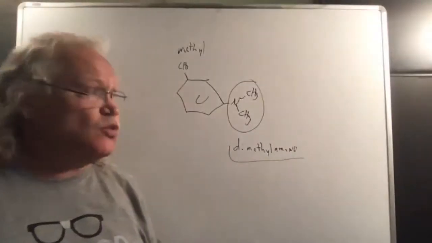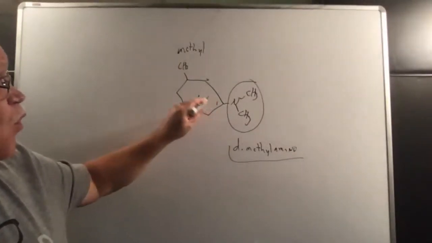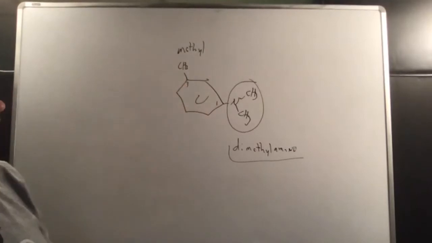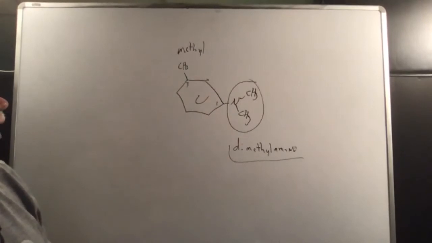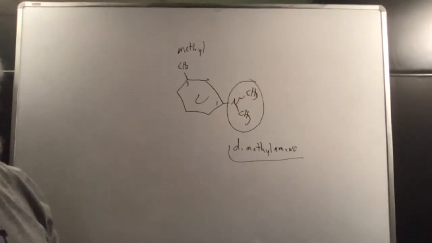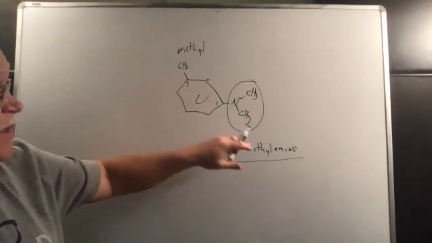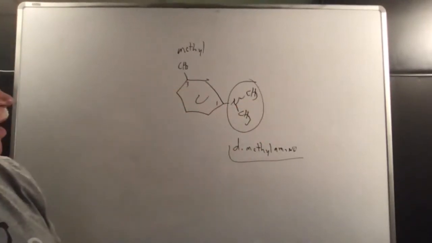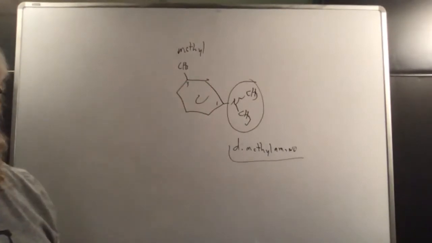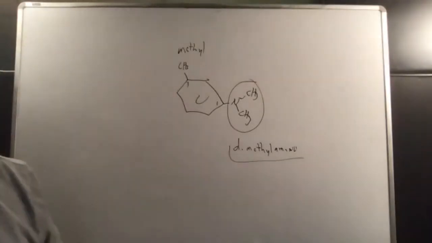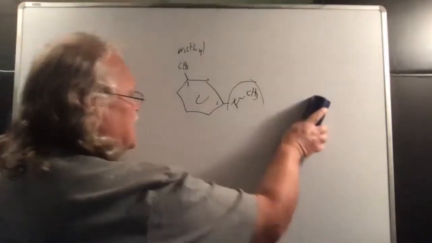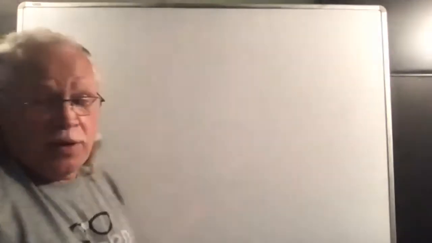So when you put this one, it's going to get the number 1, and this is going to get the number 3. Okay, so you would have said 1-dimethylamino, 3-methyl benzene. Or you could have named it the dimethylamino toluene. Okay, there's a lot of different ways to name this, but on the test, you're going to have to know how to name these as anilines. Okay, so make sure you can do that.